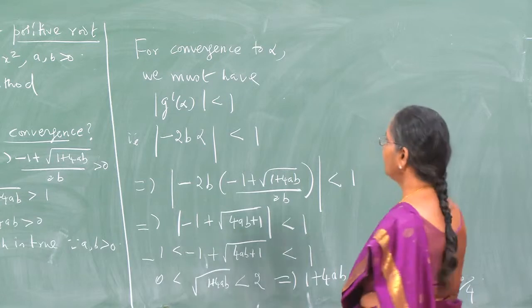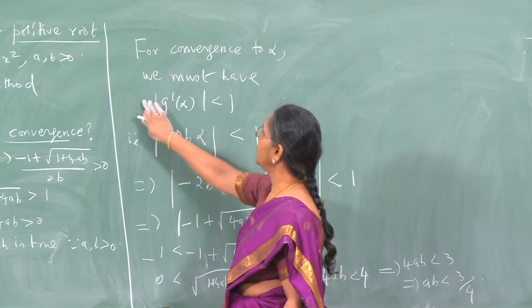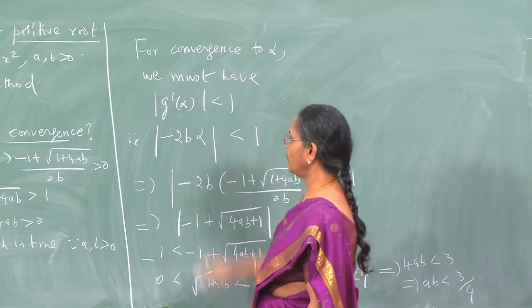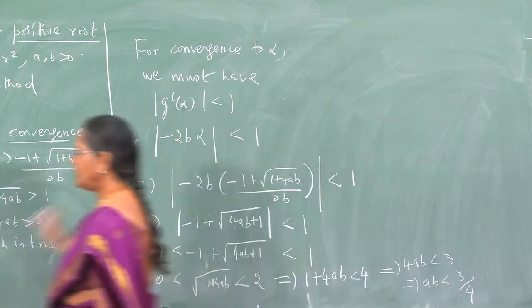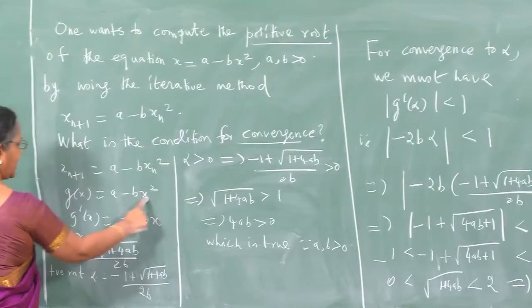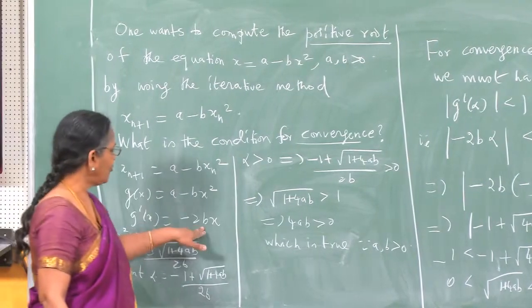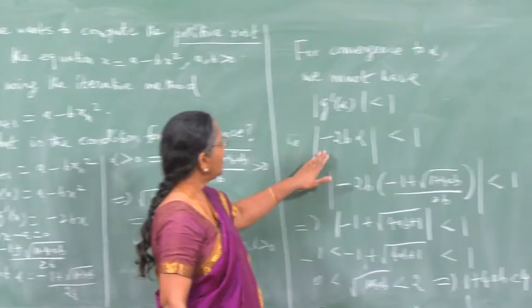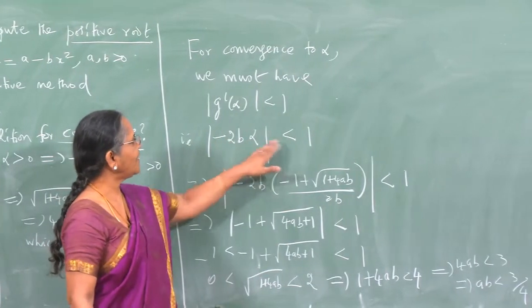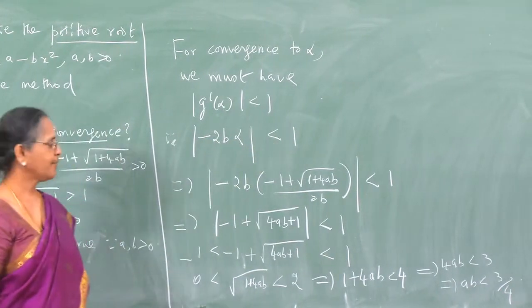So, we must have for convergence modulus of g dashed of alpha to be less than 1. So, we compute g dashed of x from here, which is minus 2bx. So, at x is equal to alpha, we have mod minus 2b alpha to be less than 1.